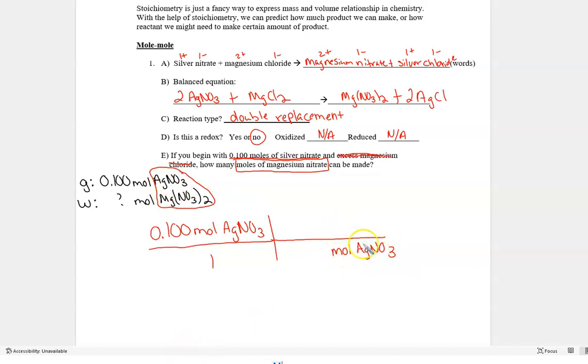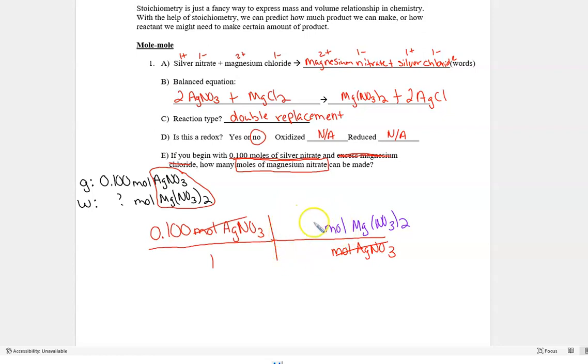Because I'm wanting to switch the label to Mg(NO3)2, the unit here has to be mole. This is called the mole-mole ratio, and it's how I switch the labels from one compound to another. Now, if you look at what's canceling out here, that's canceling out, and what I'm looking for is moles, which is good. Again, this is the mole-mole ratio.